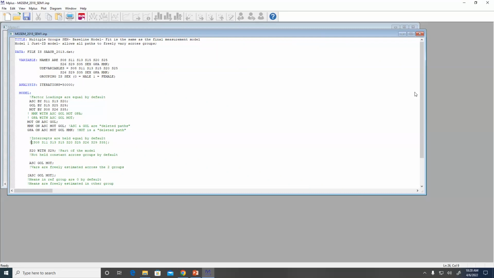In a single group, we just had three paths. But now, if we allow them to vary across groups, we have an academic self-concept to homework path for boys and an academic self-concept to homework path for girls.